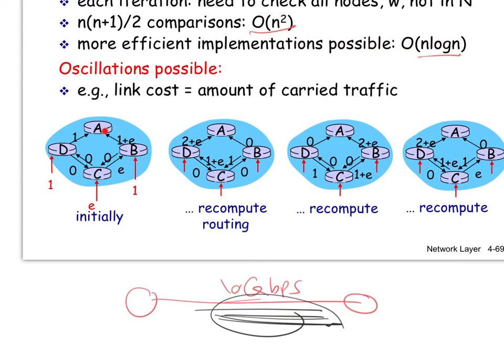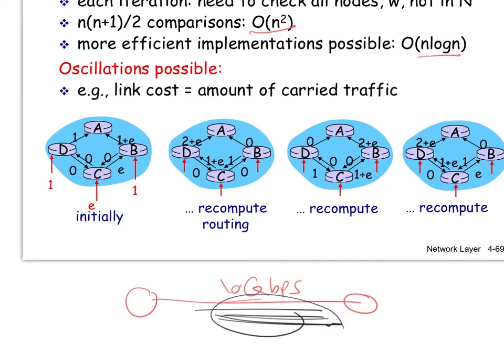So if we need to send from B to A now, interestingly speaking, Dijkstra's algorithm will say, okay, the cost on this link is 1 plus E, right? What is the cost from B through C to A?